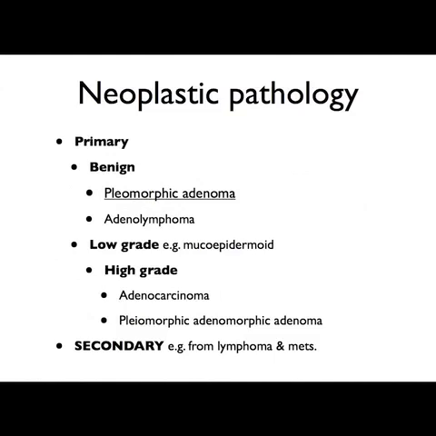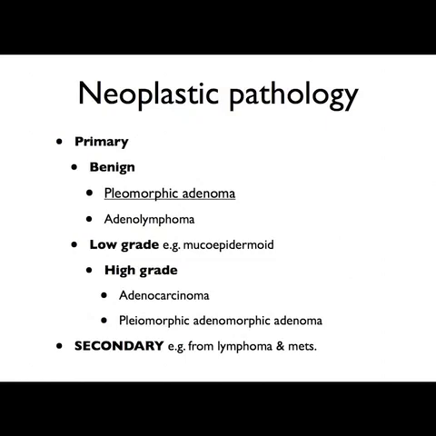Okay, in terms of the pathology of the neoplasms that affect the parotid gland, they can be primary or secondary. Important secondary ones would be from lymphoma and other metastases. The most common, however, is a primary benign or pleomorphic adenoma. However, be aware that you can also have an adenolymphoma, which is also benign.